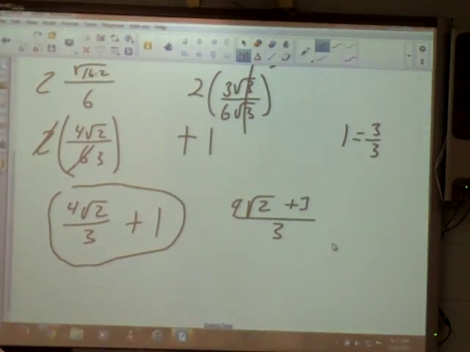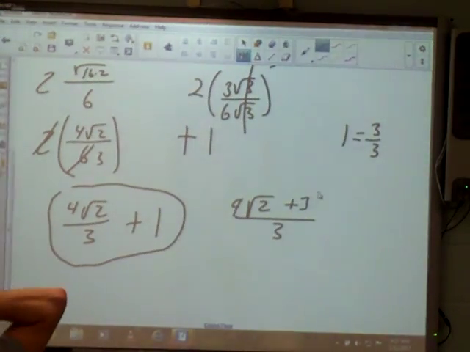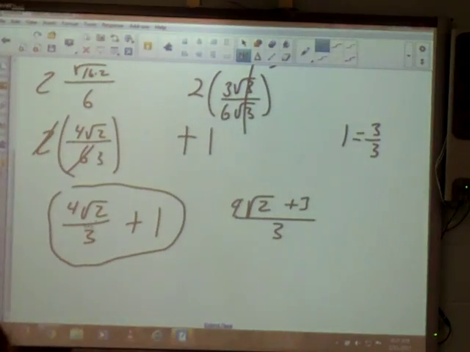Right here where I put plus 1, they put plus 3 over 3. So they got a common denominator, right? 3 over 3 is the same as 1, so that's what they're doing with that common denominator, which would be kind of what Blake was saying, yes. But we can leave it how we do it.